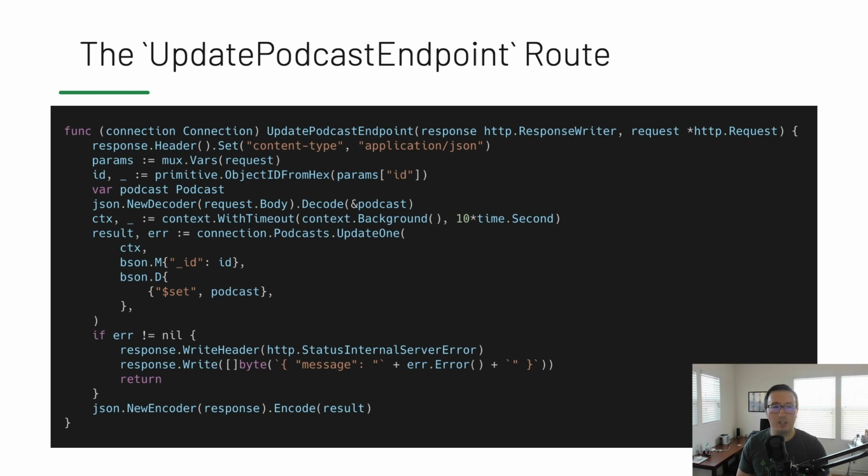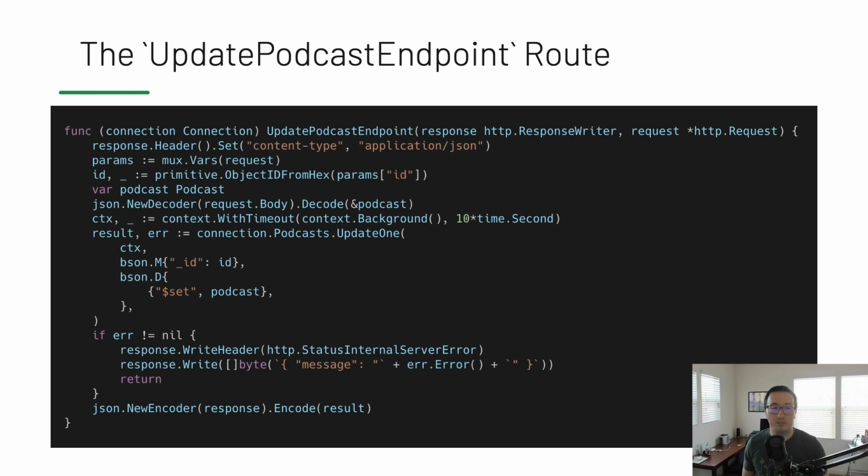So in a lot of circumstances, because we want to update a particular document, we generally pass in the ID in the URL bar. So we're getting that ID in theory through the parameters. We are turning it into a primitive type that MongoDB can understand. So we're wrapping it in that object ID from hex. So we're taking that ID and turning it into a proper object ID.